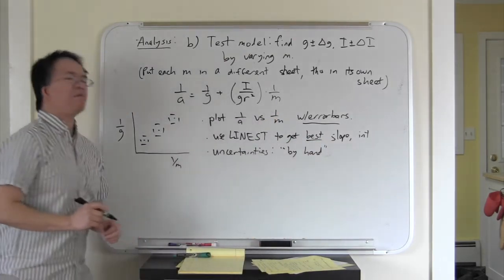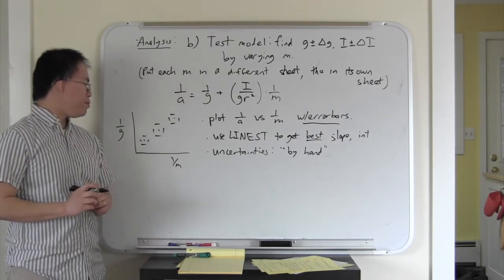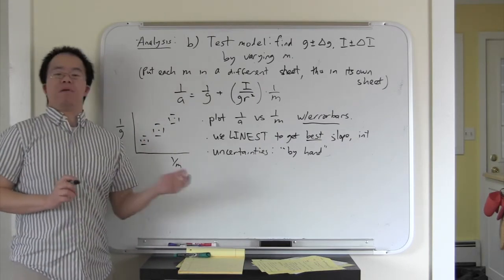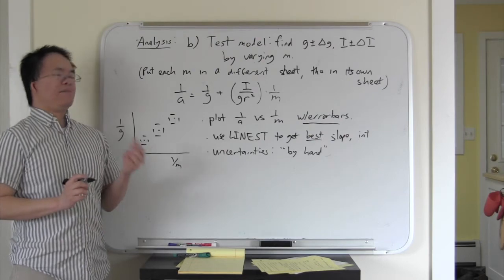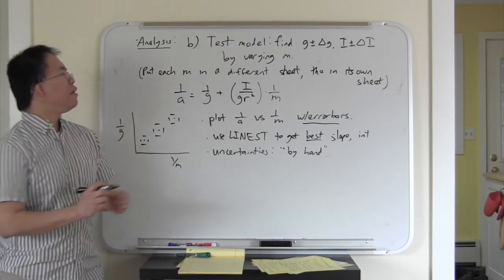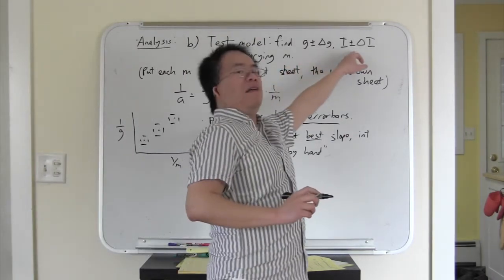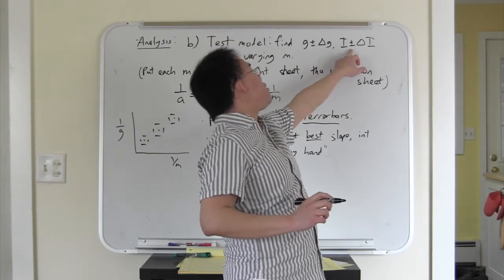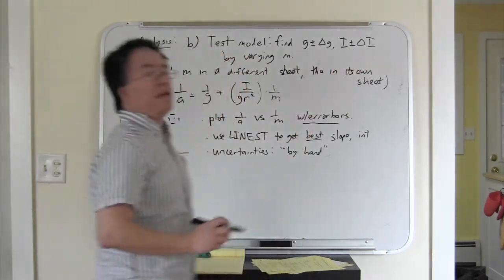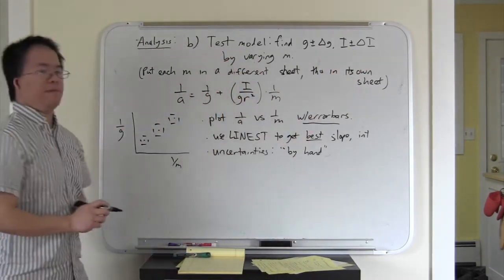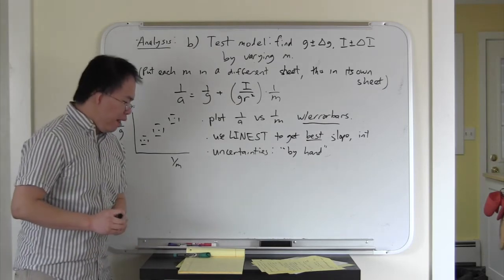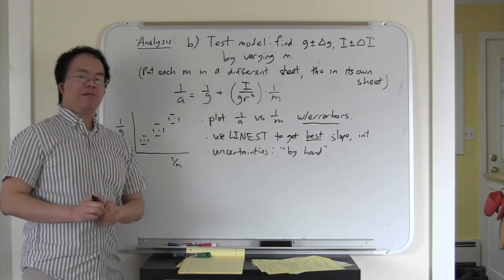As we talked about, the slope and the intercept will allow you to determine G with its uncertainty, and the moment of inertia or rotational inertia, I, with its uncertainty.